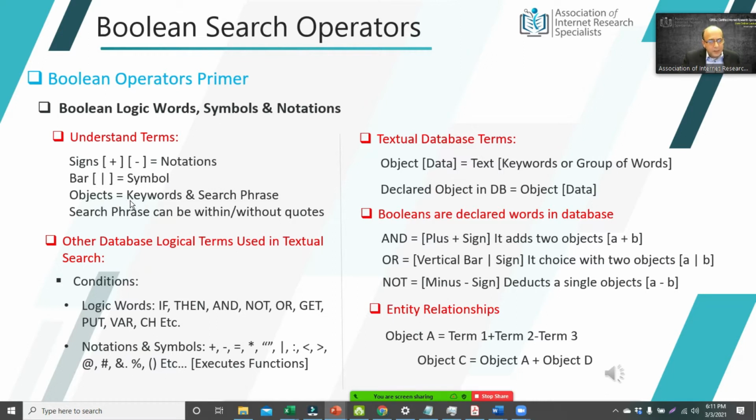The objects are either keywords or search phrases. So when we are doing Booleans, I might just say that this is the object. You would know that it could be a keyword or it could be a search phrase. Then there is some logic that is responsible for giving it a restriction or telling it what to do.